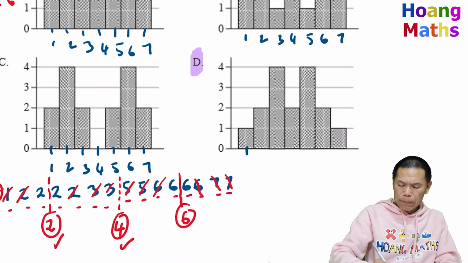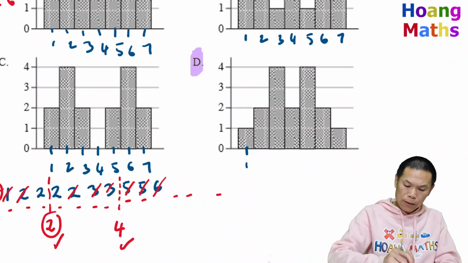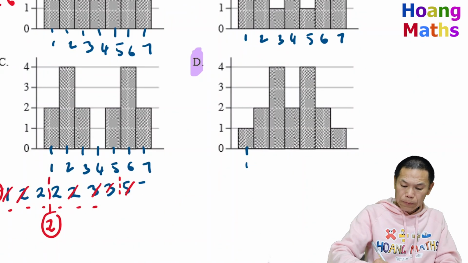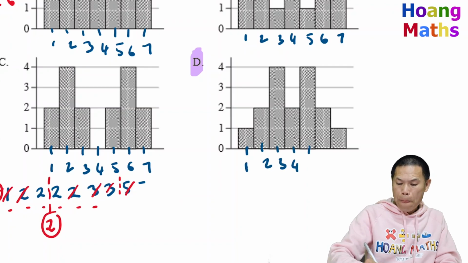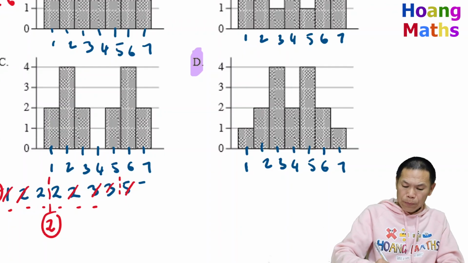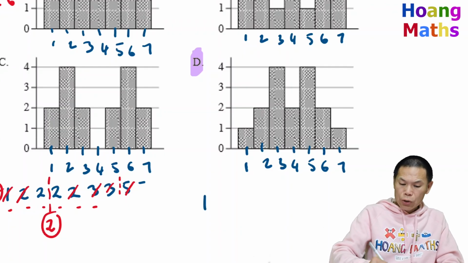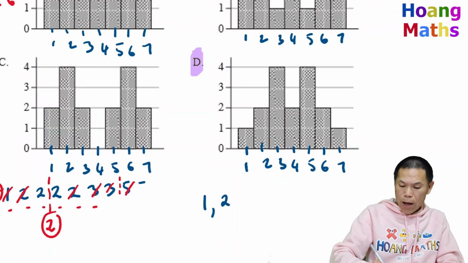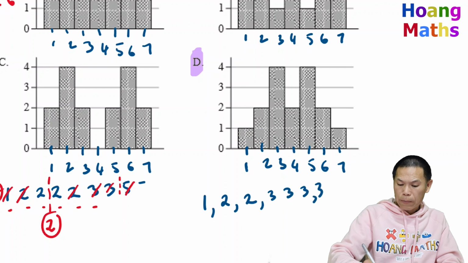So we have 1. Let me clear this first. So we have 1, 2, 3, 4, 5, 6, 7. So the score of 1 has a frequency of 1. 2 is 1, 2. 3 is 4, so 3, 3, 3, 3.